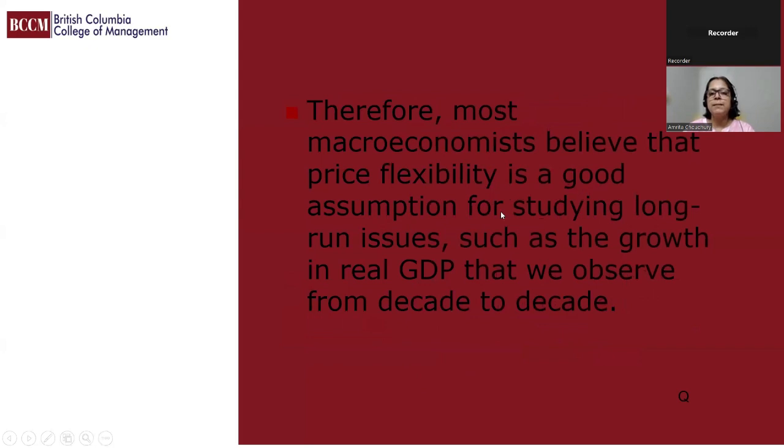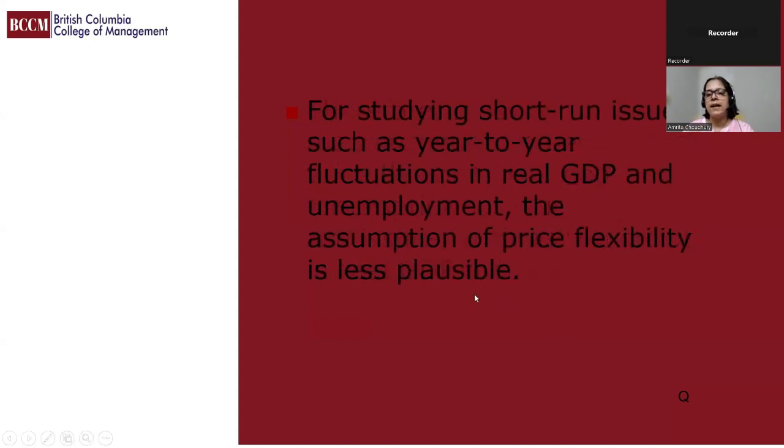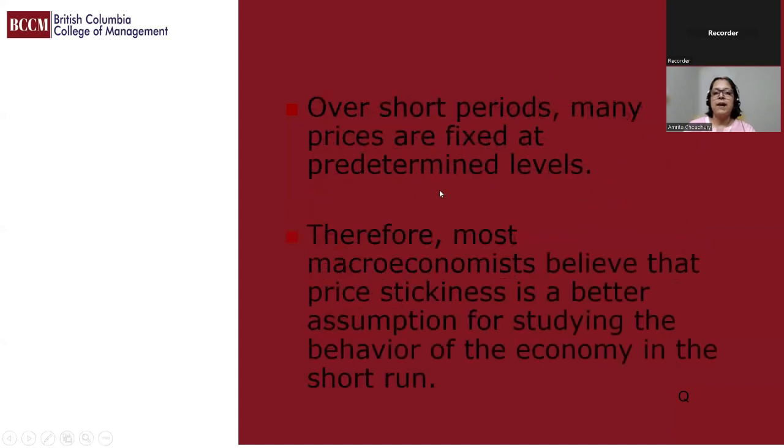So macroeconomists believe that price flexibility helps to study long run phenomena, that is, the growth of real GDP over a decade. In that case, price flexibility is more helpful. But for studying short run issues like year to year fluctuations of real GDP or year to year variations in unemployment, it is better to assume that the prices are fixed.